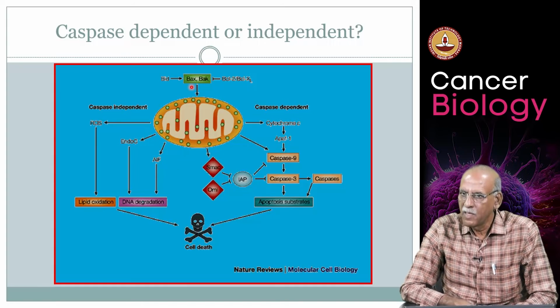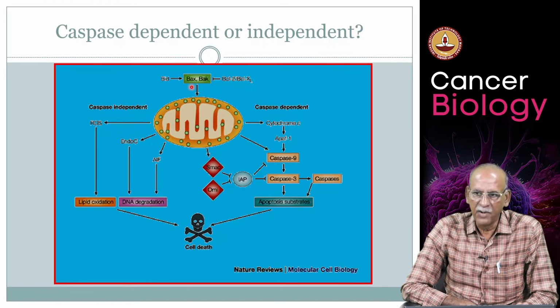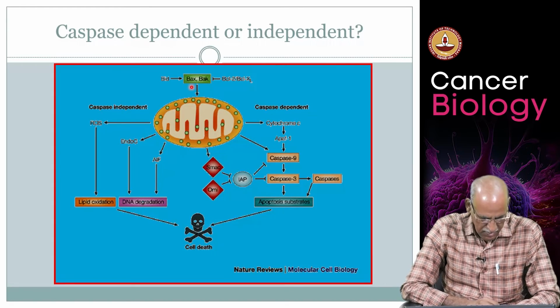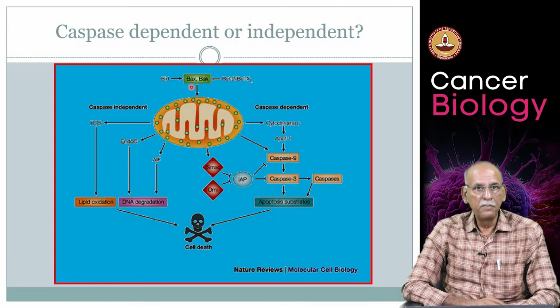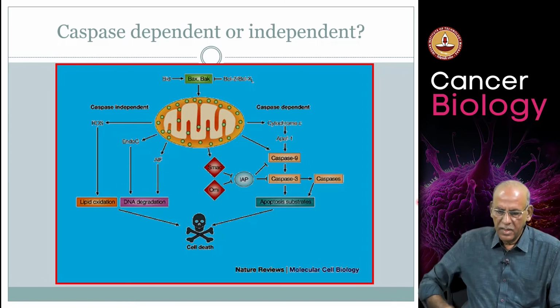The first anti-apoptotic gene discovered is BCL2, because BCL stands for B cell lymphoma. It was discovered in B cell lymphoma. So, that is one of the first anti-apoptotic genes discovered.